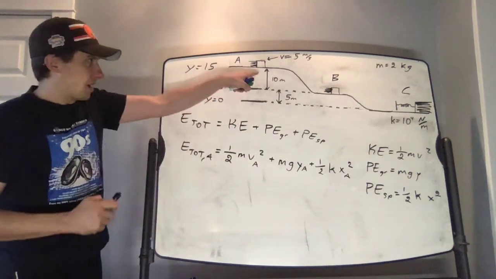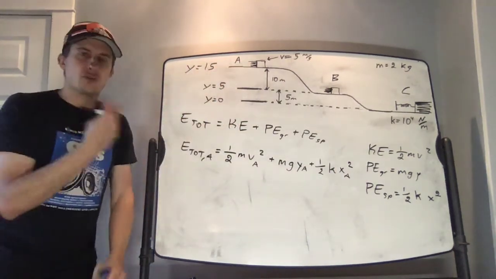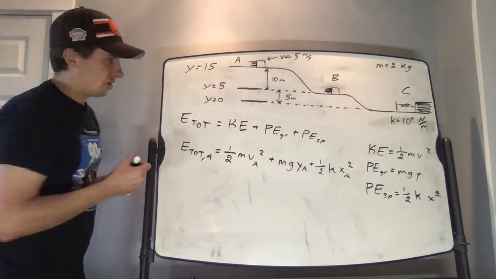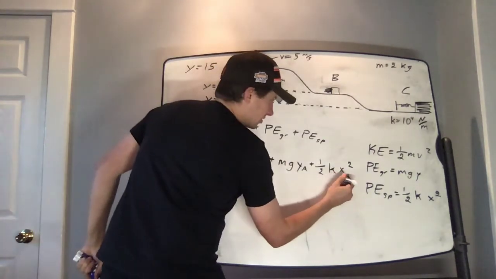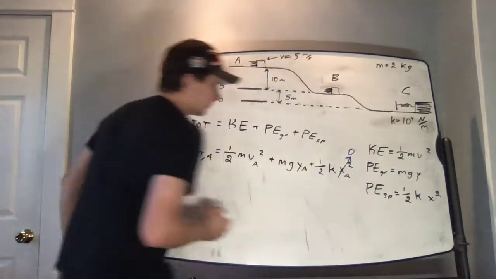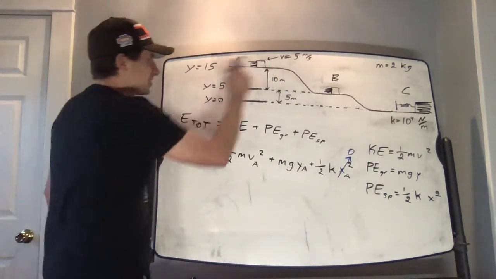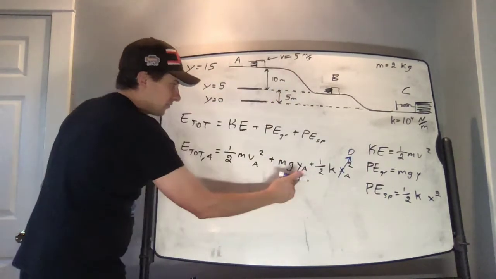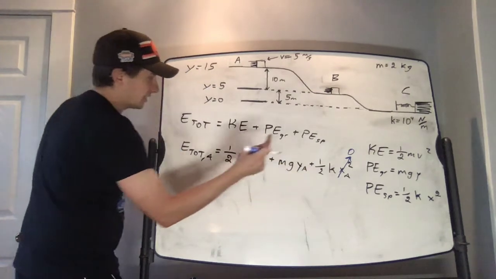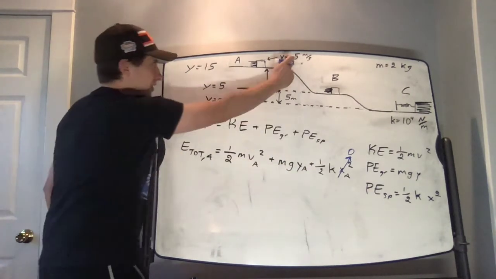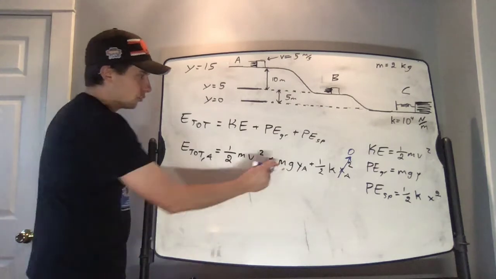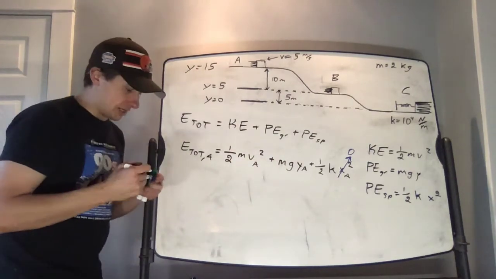When the box is up here, the spring is not going to be compressed at all. So this term is going to be equal to 0. When the box is up here, the height of the box is going to be 15. The speed of the box we're given is 5 meters per second. We also know the mass of the box and g.